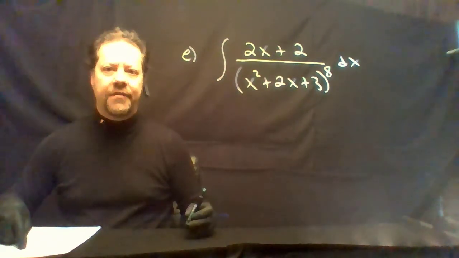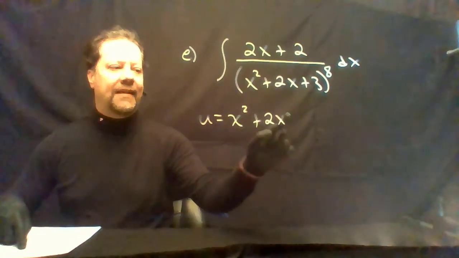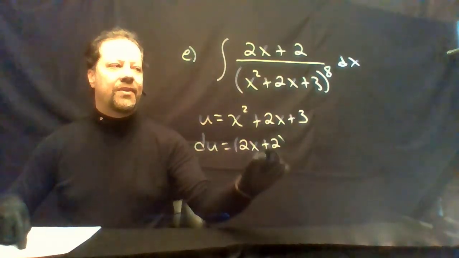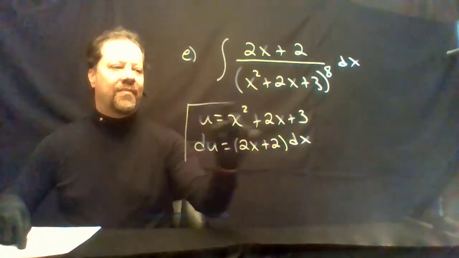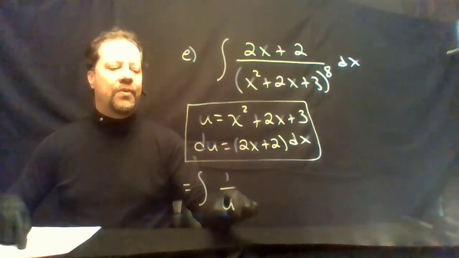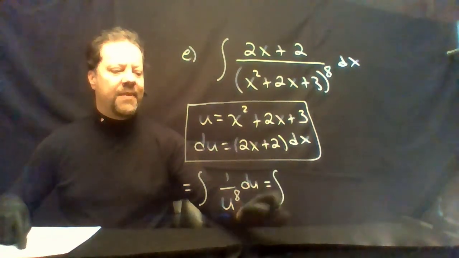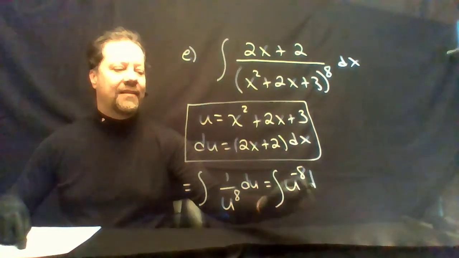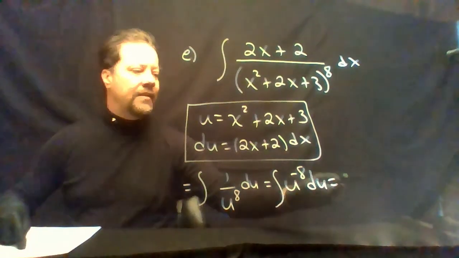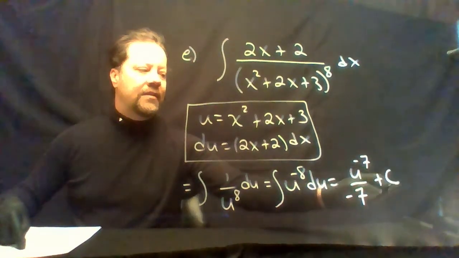You do see the derivative of something lying around. u is going to be the thing that has its derivative lying around, so that du will be 2x plus 2 dx. The integral is now transformed as 1 over u to the power of 8 du. This may be rewritten as u to the negative 8 du. And now we may apply the power rule for antiderivatives. That gives us u to the power negative 7 over negative 7 plus c.